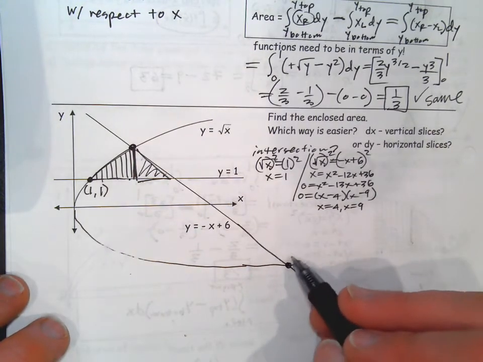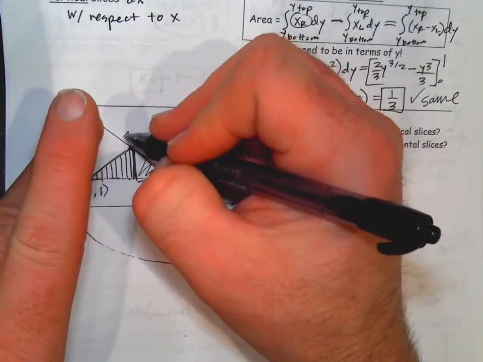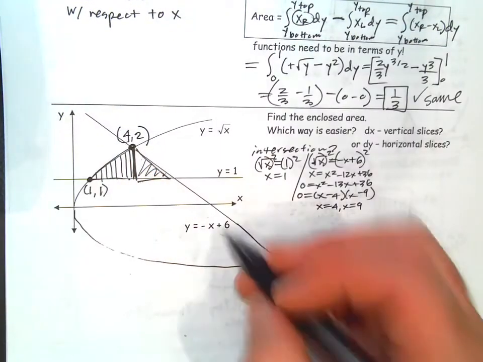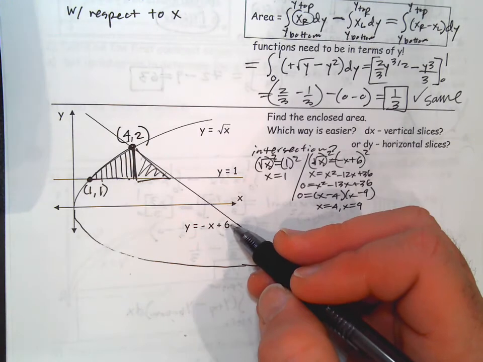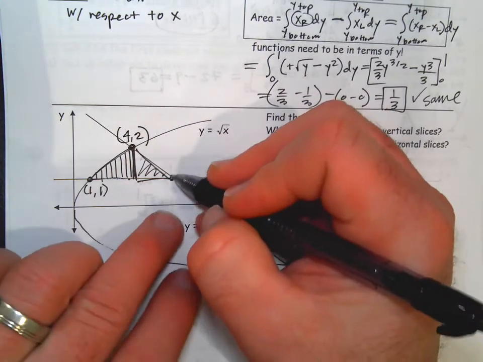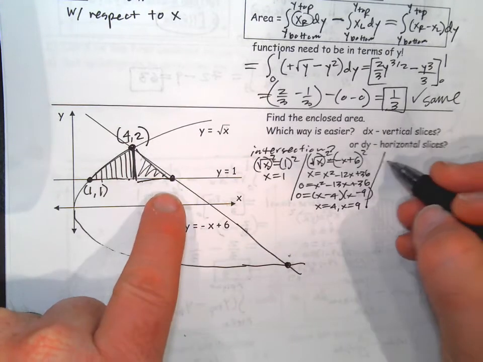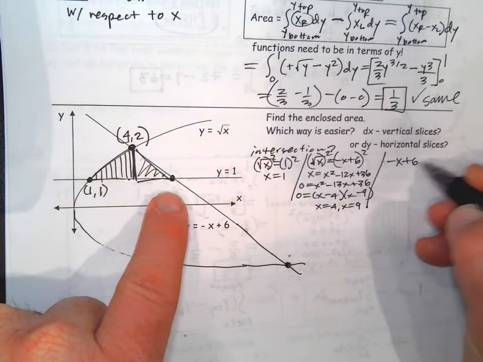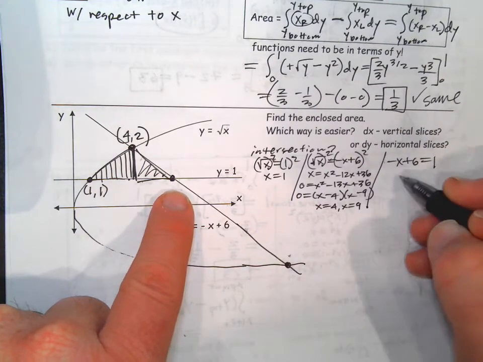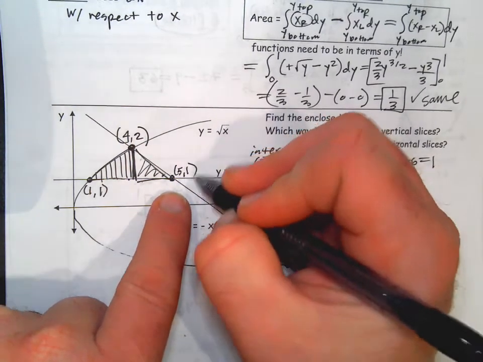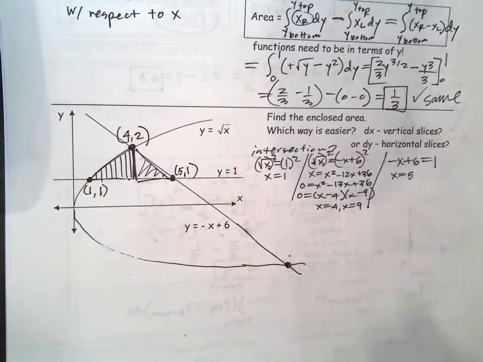This is the 9. We want the 4. Now, if you plug 4 in here, square root of 4 is 2, right? Or you plug 4 in here, you get y equals 2. You've got this intersection right here to find also, and that's going to be where these two lines intersect. So you set them equal, and you get x equals 5. So you've got to find the intersections, and I'd find the y values at the same time.